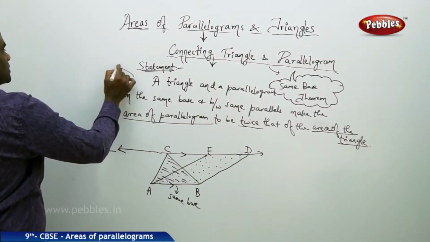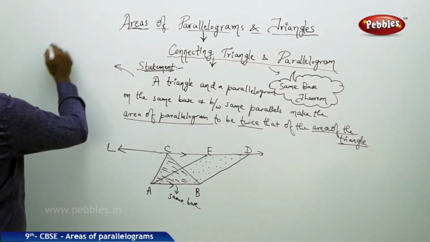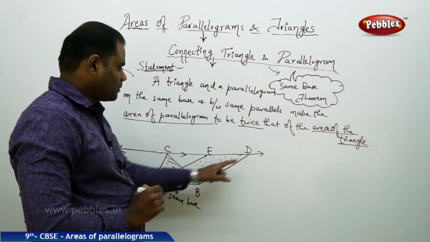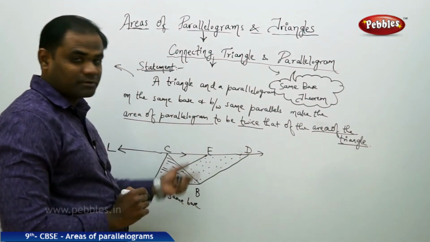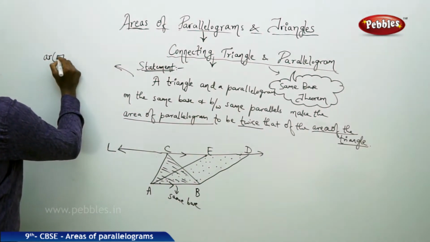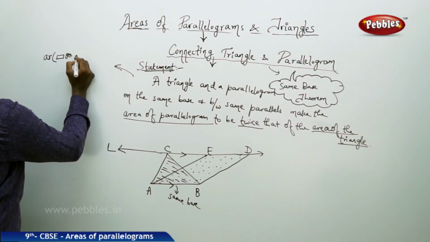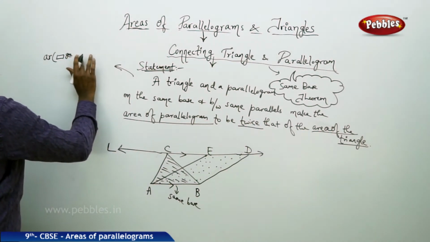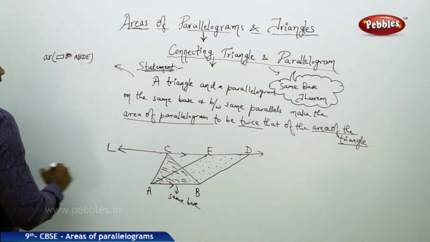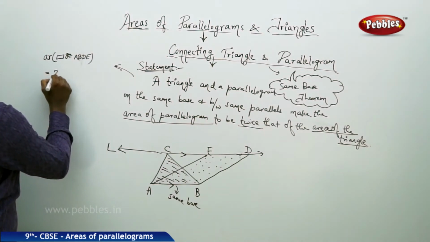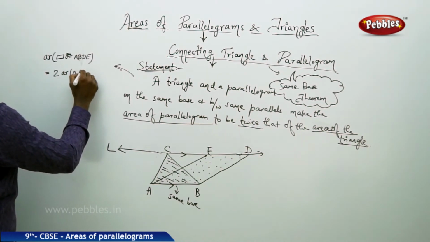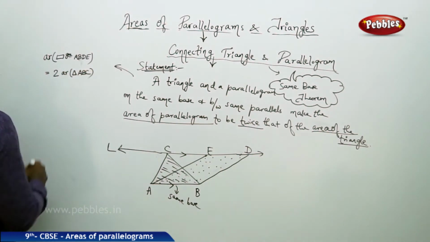So the statement clearly says that for triangle ABC and parallelogram ABDE, which are on the same base and between same parallels, the area of parallelogram ABDE is twice the area of triangle ABC.